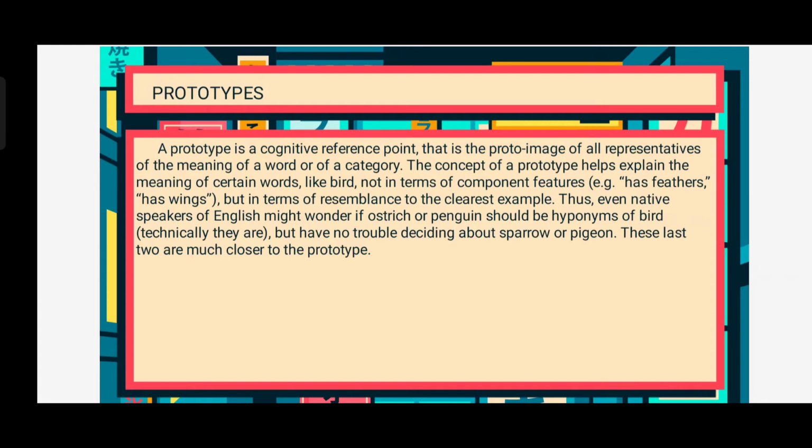Even native speakers of English may wonder if an ostrich or penguin should be a hyponym of bird, or technically they are, but have no trouble deciding about sparrow or pigeon. These last two are much closer to the prototype.